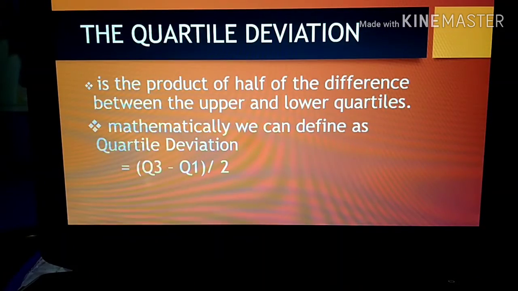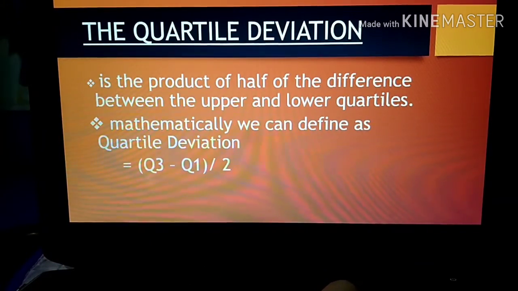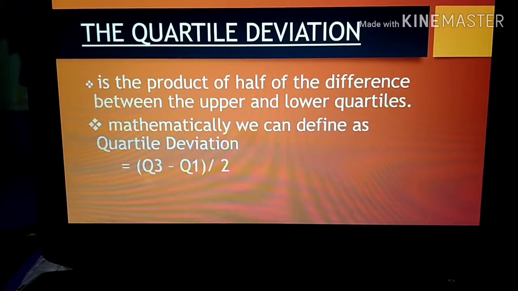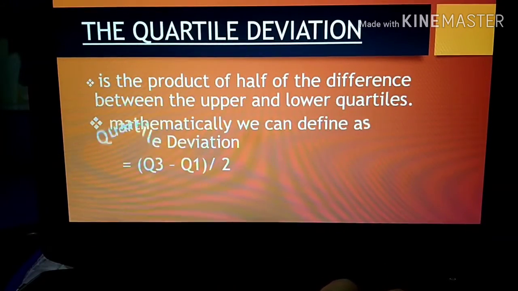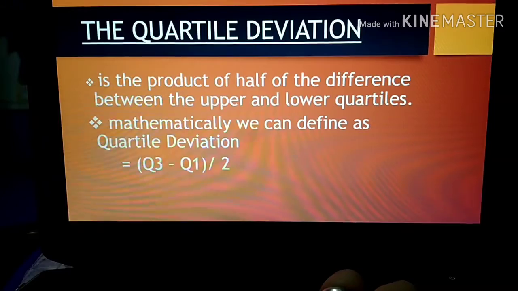Now, let's proceed to the quartile deviation. The quartile deviation is half of the difference between the upper and the lower quartiles. Mathematically, quartile deviation is equal to open parenthesis, quartile 3 minus quartile 1, close parenthesis, divided by 2.